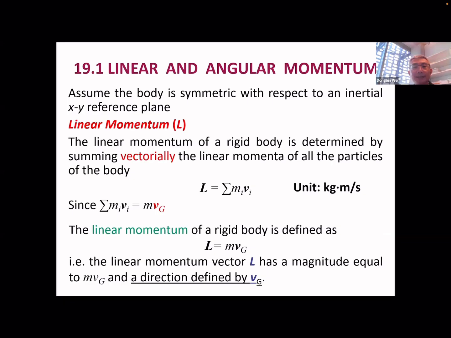Let's focus on linear momentum. For a rigid body, calculating linear momentum is like this. In this one here, L means linear momentum, m is the mass of the rigid body, and vG is the velocity of the mass center of this rigid body.